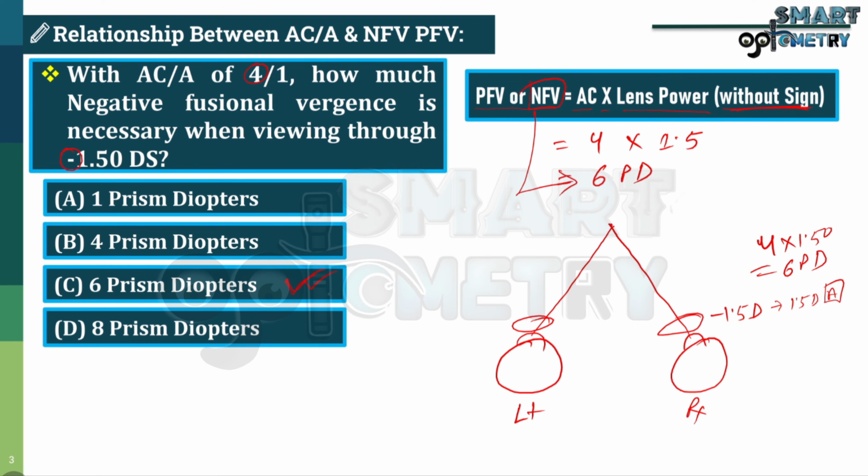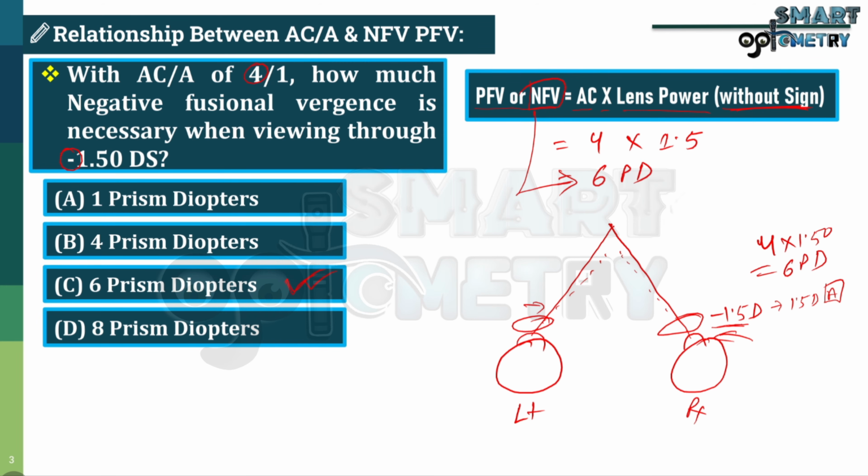That means when you give a minus 1.5 diopter lens, the eyes will use accommodative convergence due to the AC/A link. So the eyes will converge and will be focusing closer than the near point.